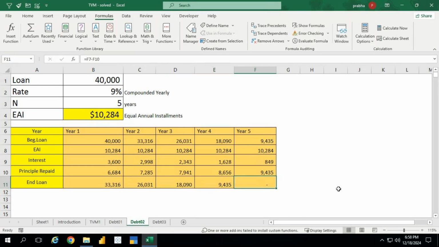Check if your answer is correct. If not, I'll give you time. You try solving this, then we'll go for debt 3. So the ones who have solved this, try solving debt 3. If anybody is having any doubts in the debt 2 sheet, please tell, I'll explain.